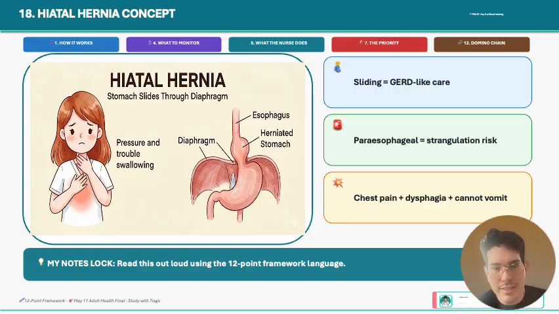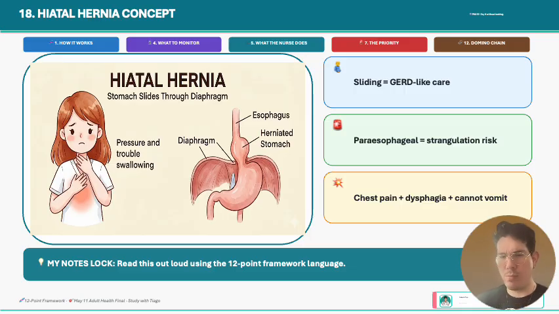The paraesophageal type is less common but more dangerous because part of the stomach can become trapped. If the stomach twists or loses blood flow, strangulation can occur. That is when hiatal hernia stops being a routine reflux problem and becomes an emergency, right?